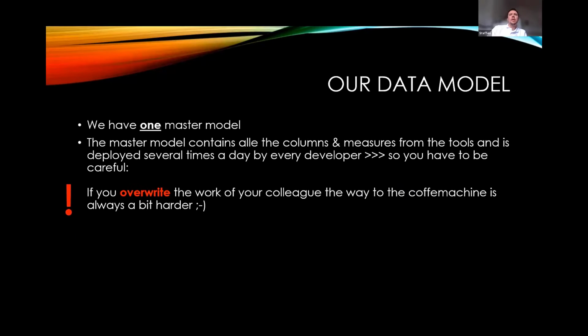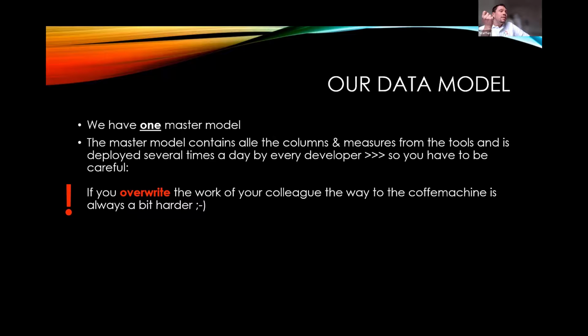And now to our data model. We have big data models that contain all columns and measures. It is deployed several times a day. But that is where you have to pay the most attention. If you overwrite your colleagues' work in the live model, every user in the Power BI tools will see it immediately because error messages will appear if a measure is missing.